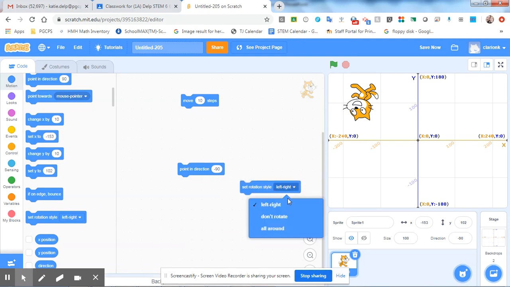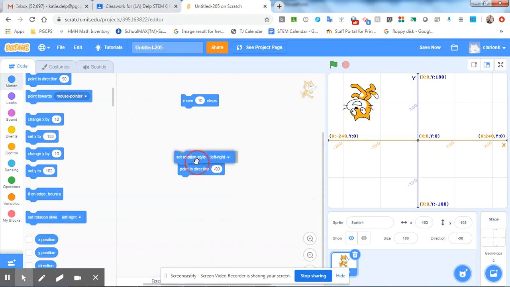You can set a rotation style to left-right. You can tell a sprite not to rotate at all, or you can tell it to set its rotation style to all around, and they all have their purpose. But if we have our sprite who's turning from right to the left, we want to set a rotation style to left-right. Now, when I put these two instructions together, you'll notice that he'll face the left without flipping upside down.